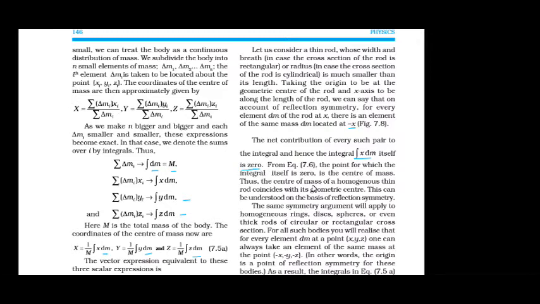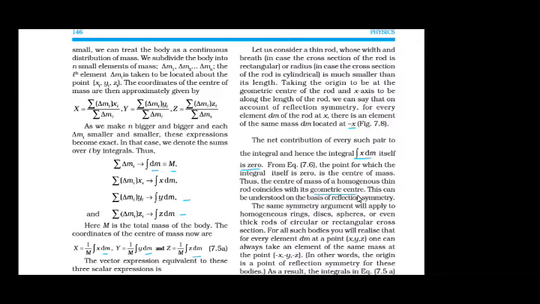So from equation 7.6, the point for which the integral itself is 0 is the center of mass. Thus the center of mass of the homogeneous thin rod coincides with its geometrical center.